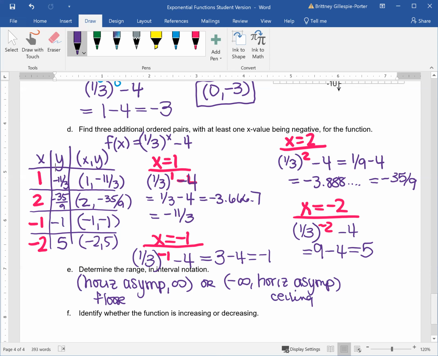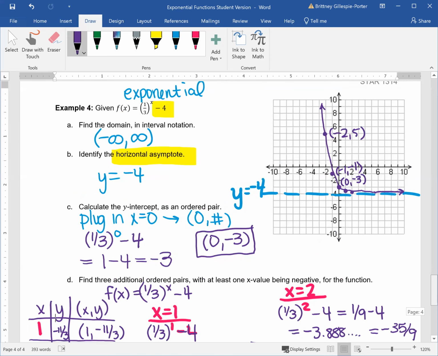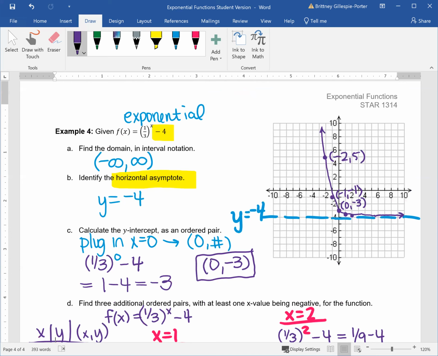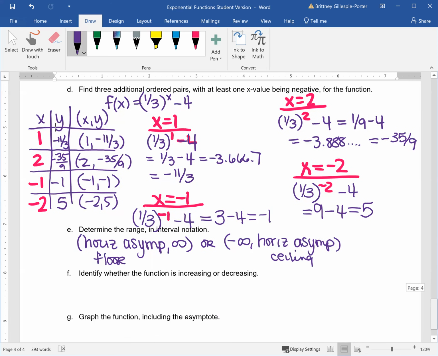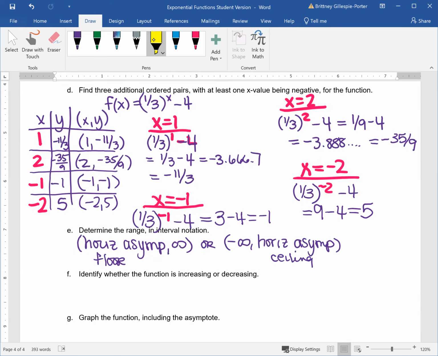So when we go and look at our graph, the y equal to -4 is our floor. We're walking on it as our graph gets closer to y equal to -4. We're not hitting our head on it with the graph, which means that we fall into the first case, which means our range is -4 on up to infinity.